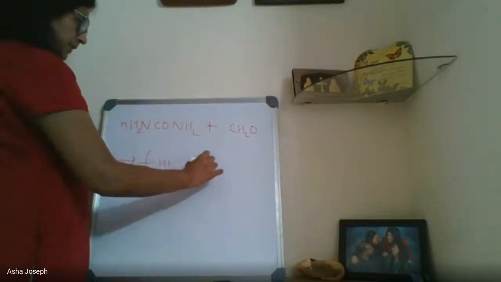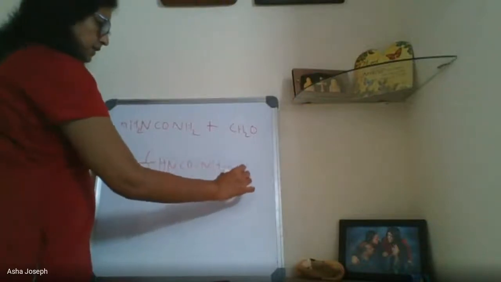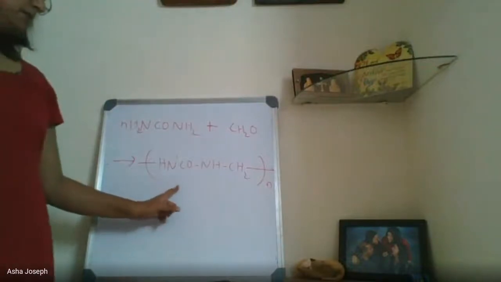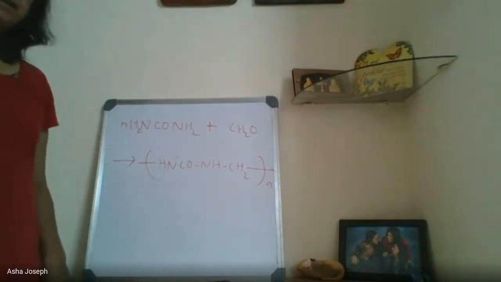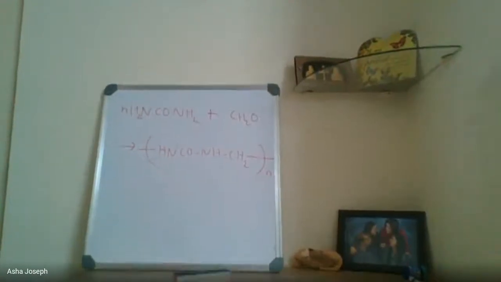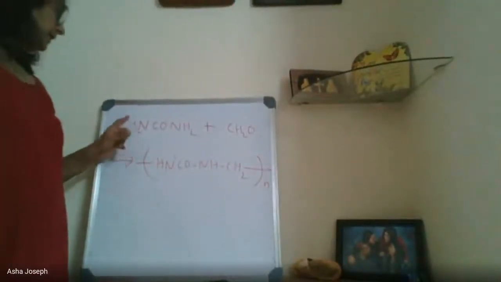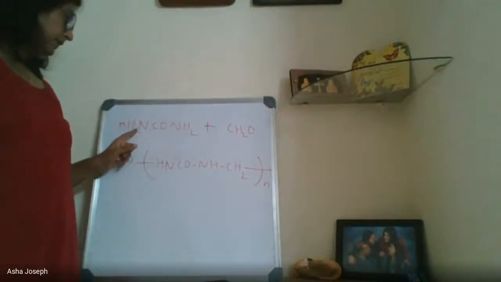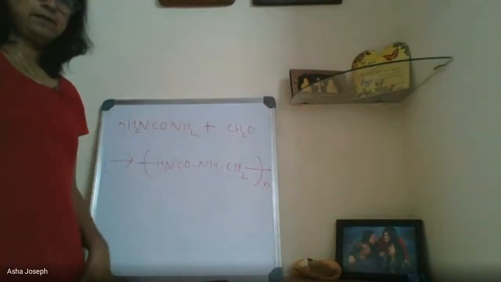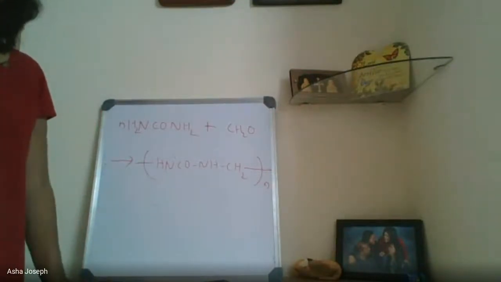CO, NH, CH2, n times. If you see like this, it is a urea formaldehyde resin. Okay, so H from each NH2 is removed and O from CH2O is removed.